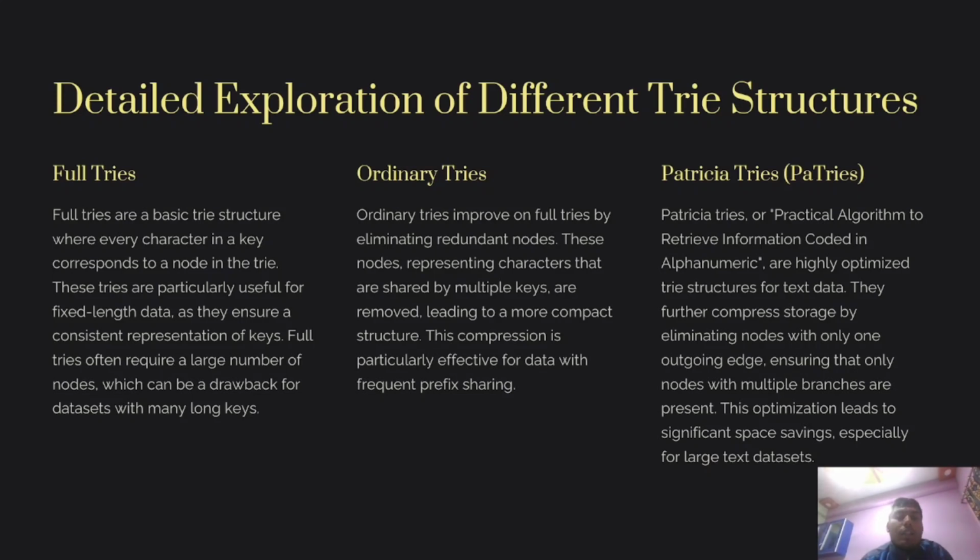An ordinary trie compresses data more effectively by eliminating redundant nodes. And PATricia tries are an optimized version of tries that save space by only retaining nodes with multiple branches, ideal for large text data. That's all it says, that's the main thing. If you want to read, you could read it.